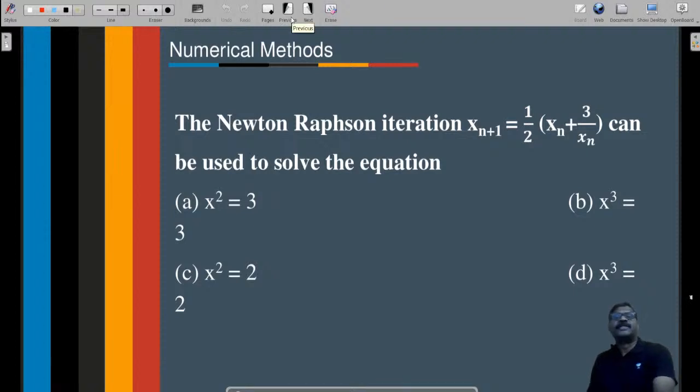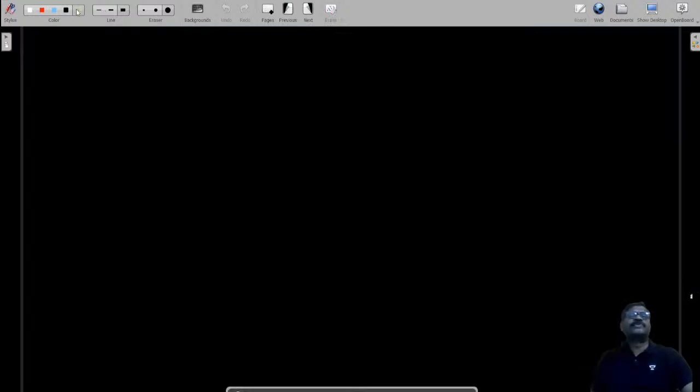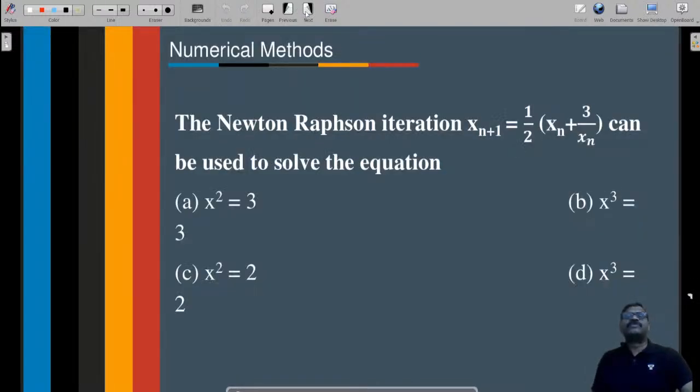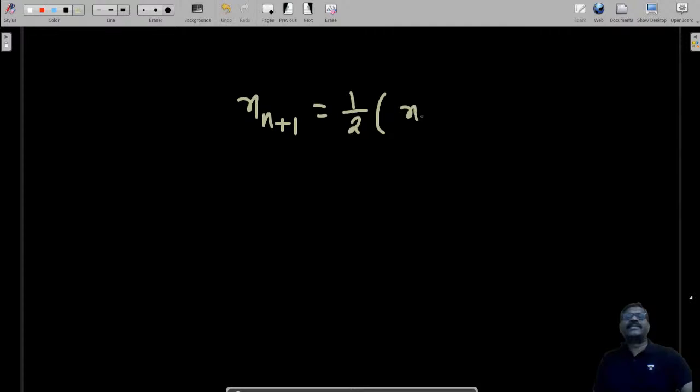Next problem. By using the Newton-Raphson iteration method, xn plus 1 equal to 1 by 2 of xn plus 3 by xn.